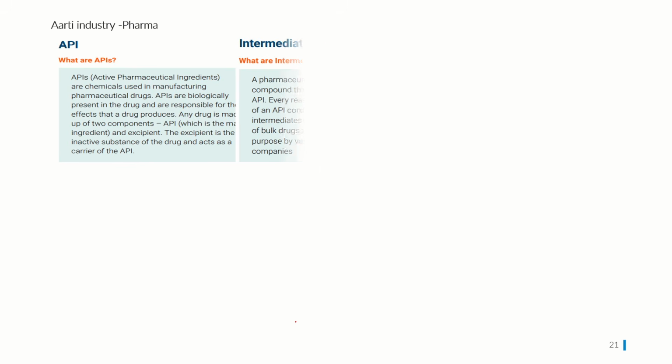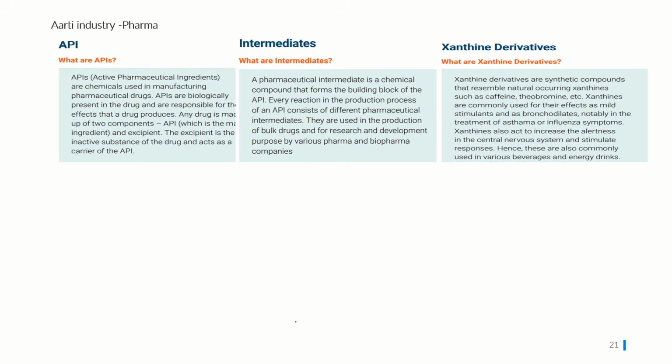Okay. Now going ahead, let's understand these terms: API, intermediates, and xanthine derivatives. First of all, API, active pharmaceutical ingredient. See, when you take a medicine called Crocin, it has something called paracetamol, right? This paracetamol is not Crocin. Crocin has 2 things.